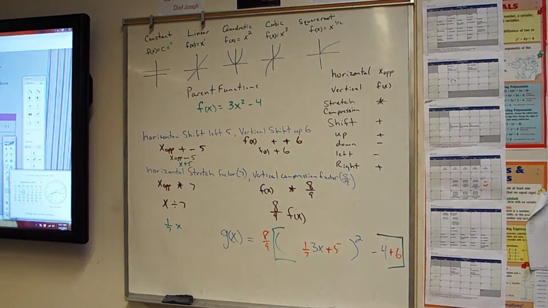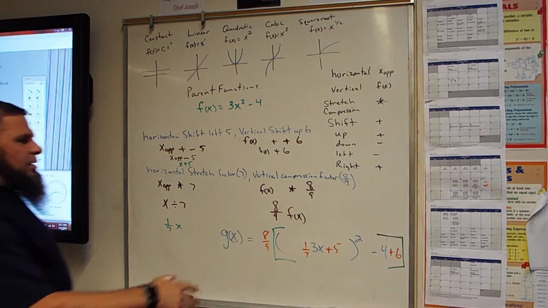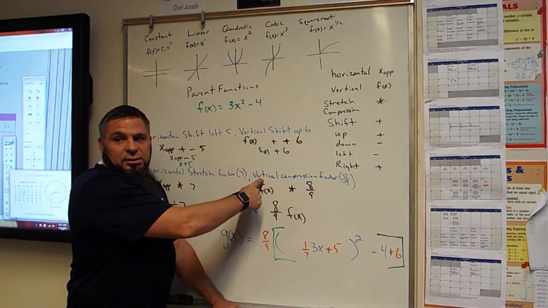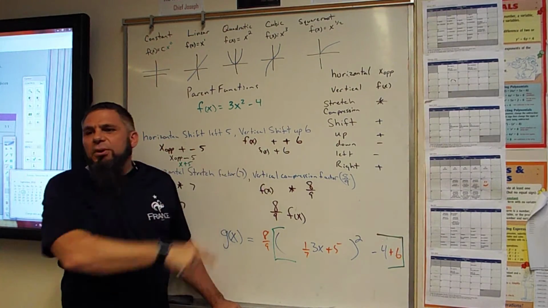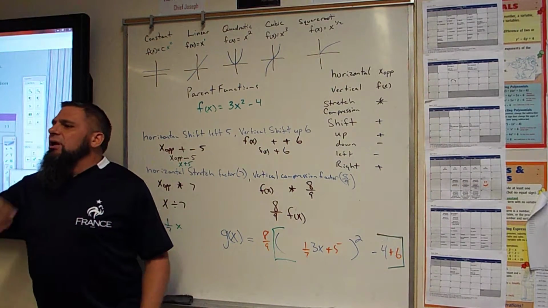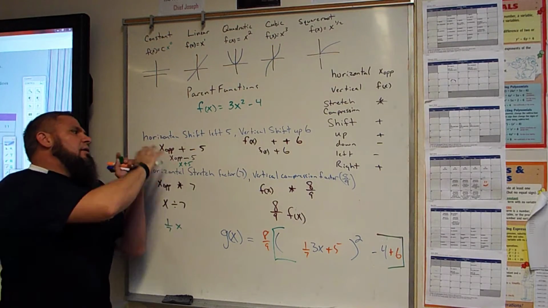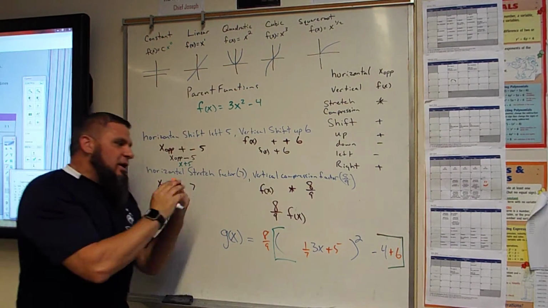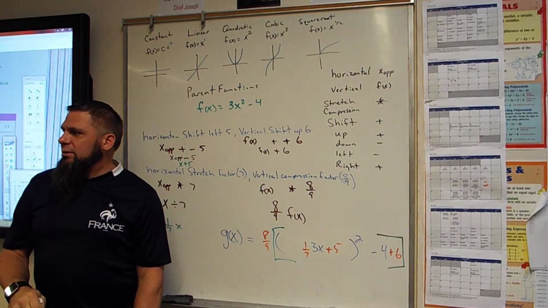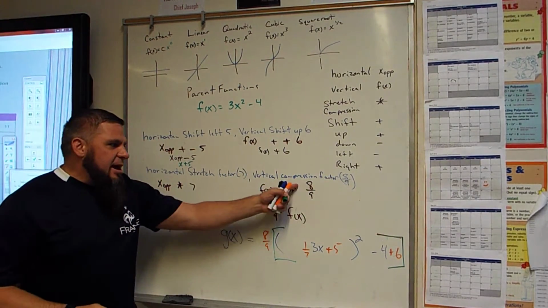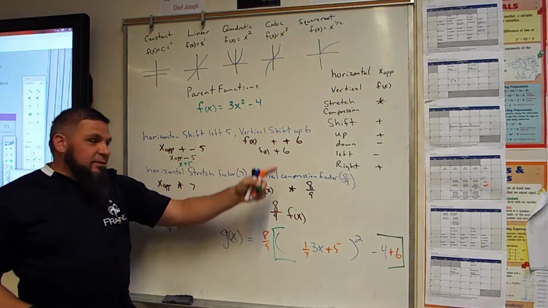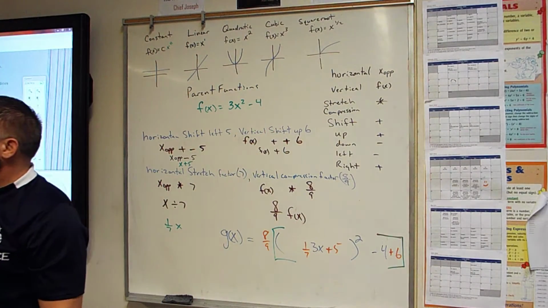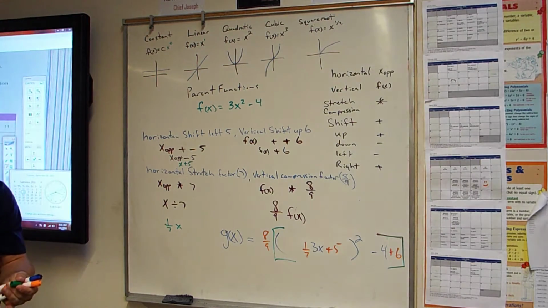It's going to tell you in what order. Usually it says first we're going to do this, second we're going to do this, third we're going to do this, fourth we're going to do this. Because this came after this, then this happens to that whole function. Does that make sense? To that whole thing.